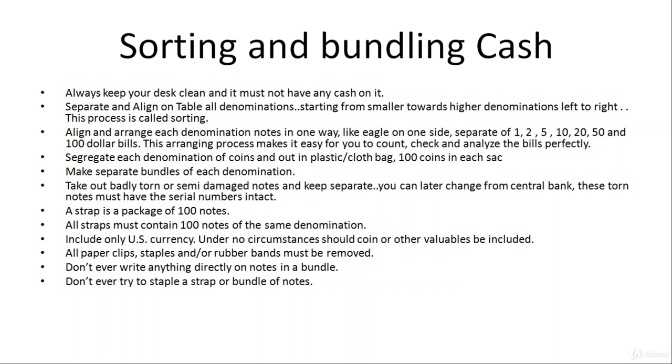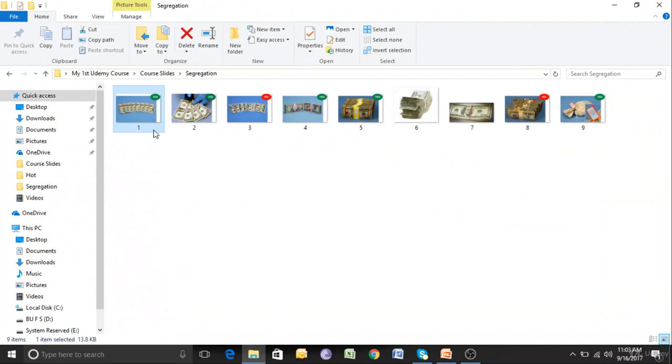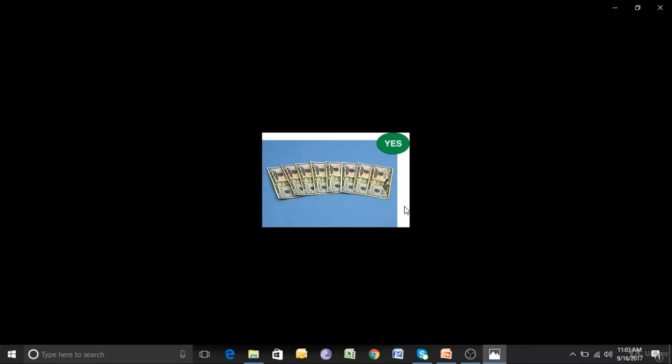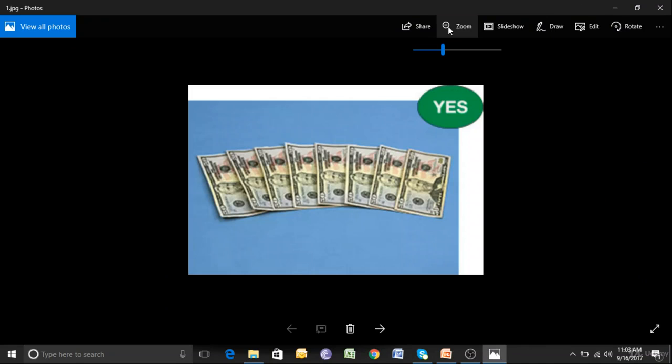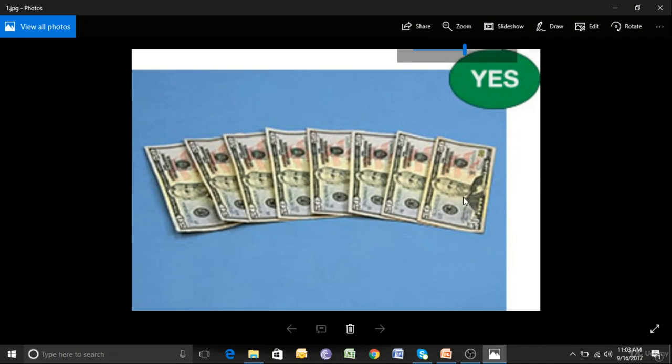the picture on the denomination must be on one side. Let me just show you what I mean by this. Just hold on, let me show you a picture here. See here, this is how you have to arrange the notes and denomination bundles.